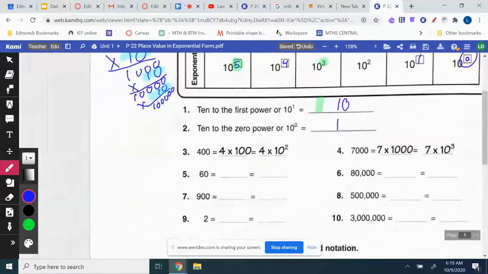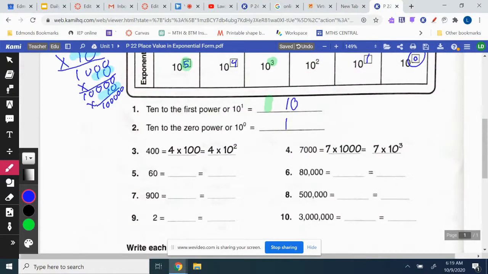So they want us to practice this with numbers. If I break this down into factors of tens in the number, I have 6 times 10. And so this would be 6 times 10 to the first power because I only have 1 zero. Now, if I were to break 9 up into my powers of 10, I have 9 times 10 times 10.